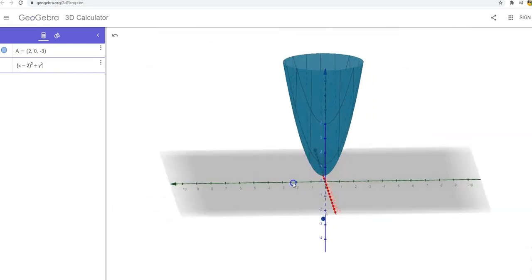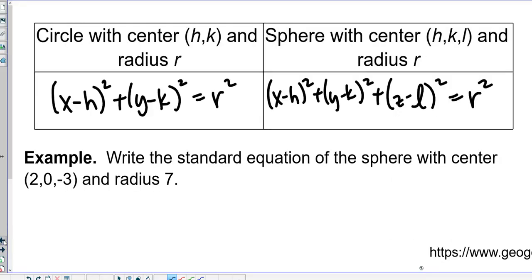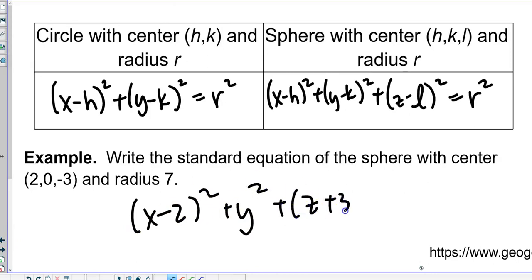But in Calc 1 and 2, we stick with 2 dimensions. Okay, so we should have gotten (x minus 2) squared plus y squared plus (z plus 3) squared equals 49.